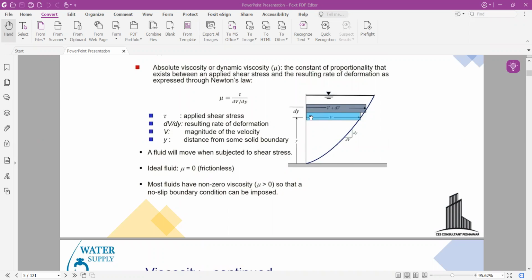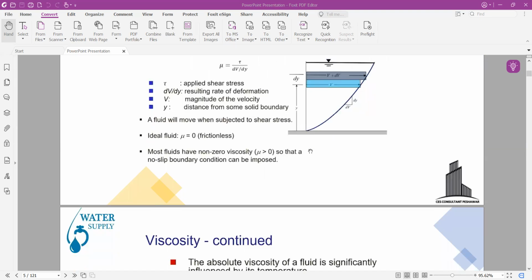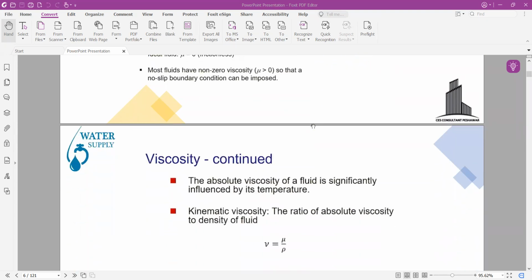So if we consider some viscosity of that fluid, we take the no slip condition when it comes into contact with the boundary or the hard surface of any type of structure, whether it is a channel or a pipe. Here we are considering only pipes. Therefore, at the boundary of a pipe, we will consider the velocity as zero.